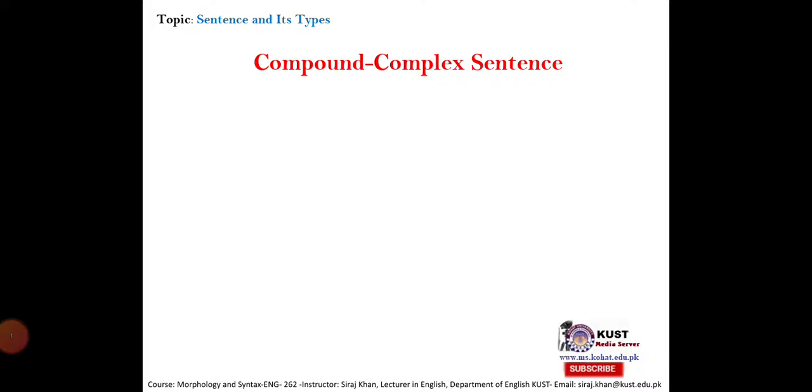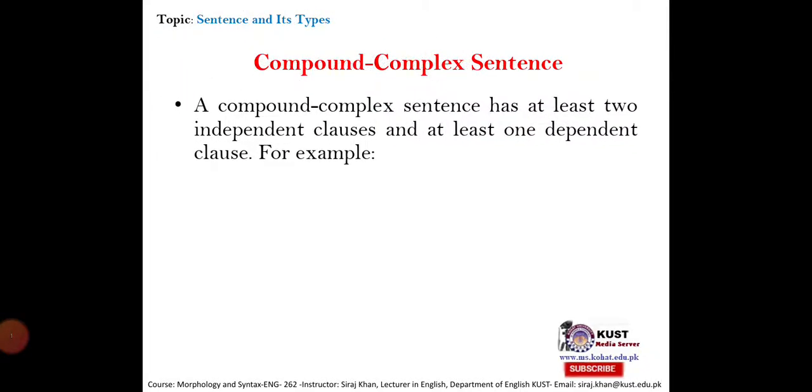Compound complex sentences. A compound complex sentence has at least two independent clauses and at least one dependent clause. This type of sentence has more than one part that can stand alone and at least one that cannot.